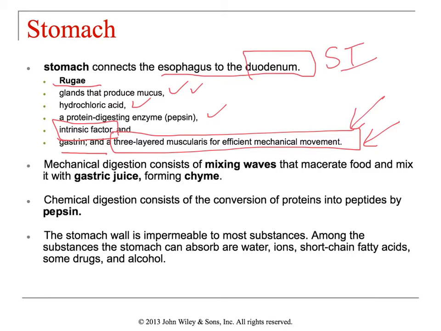The purpose of intrinsic factor is to help you absorb vitamin B. Intrinsic factor is necessary to absorb vitamin B. Without vitamin B, you can't make red blood cells, so you become anemic, and then you die.